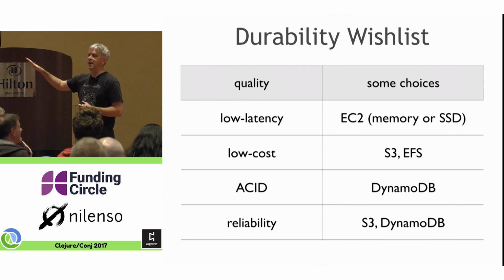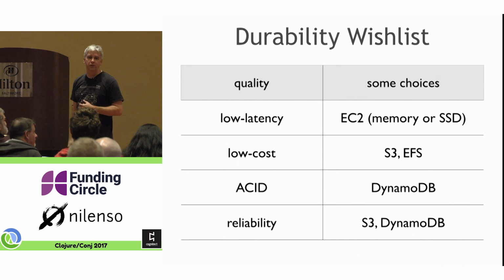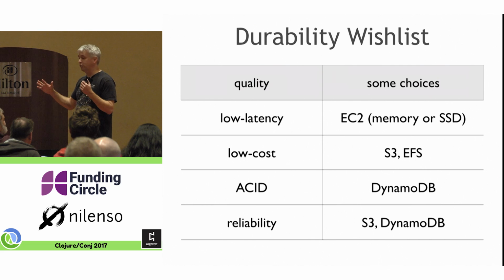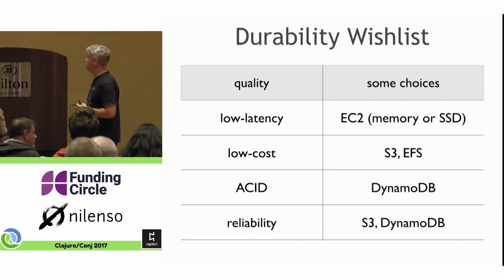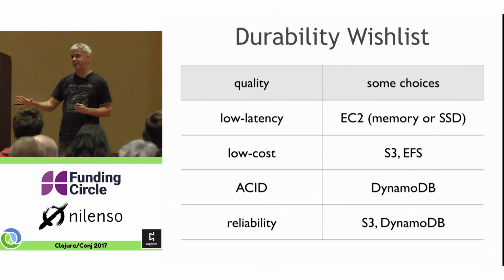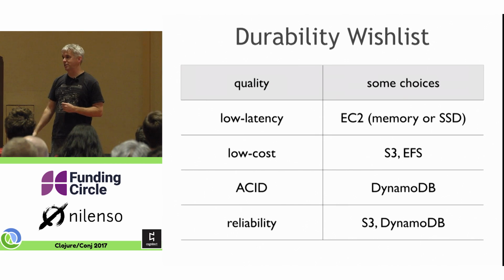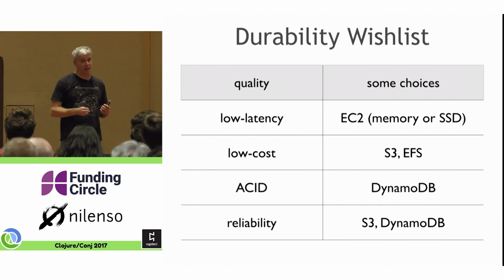So scratch what I just said. Instead, what I want is everything to be on something like S3, which, by the way, has horrible latency. By comparison, two to three orders of magnitude worse. But hold on a second, I also want to have ACID transactions. So I need something that has underlying primitives that will support ACID transactions.